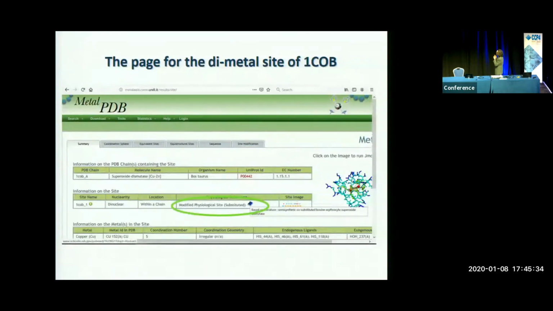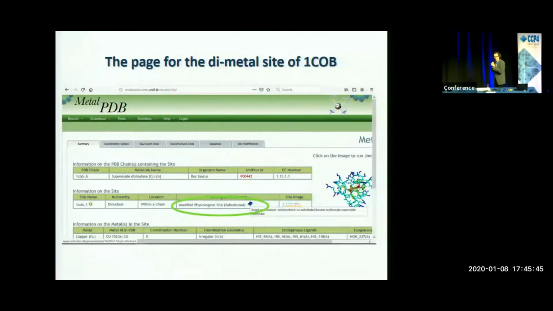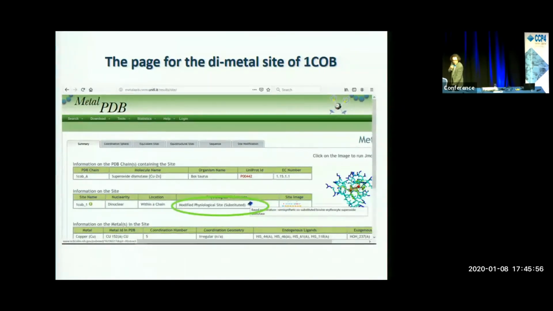So actually the annotation says it is a modified physiological site where the relevant metal ion has been substituted by another one, which has been used in this case presumably as a spectroscopic probe as well, since cobalt is NMR active. So it's been put in place of the physiological zinc ion. And again, the small book icon will point to the relevant literature to support our assignment.